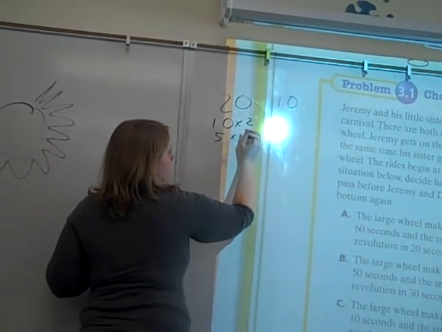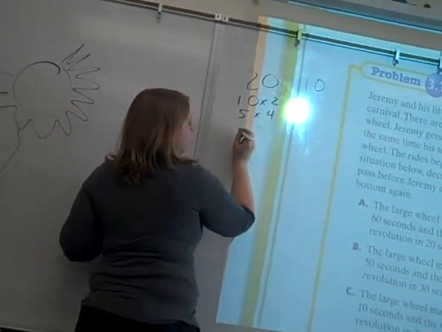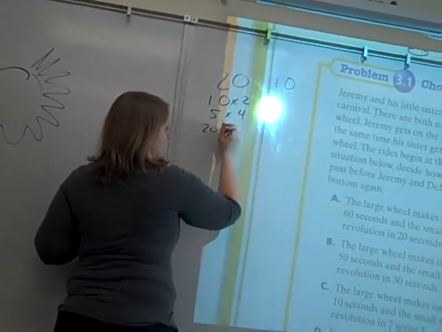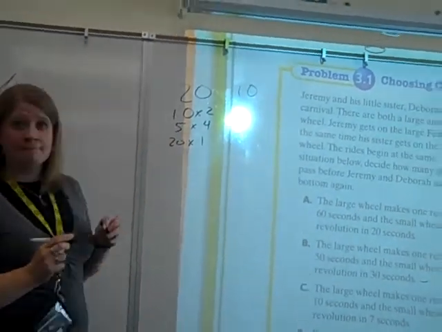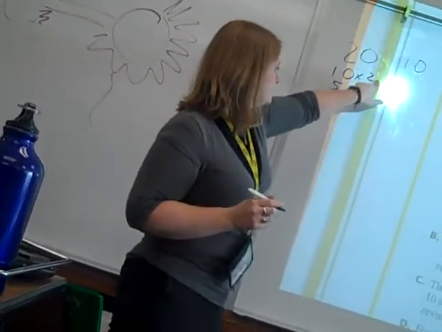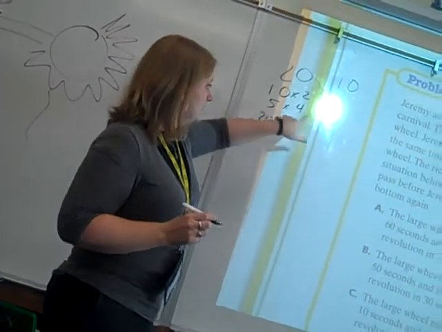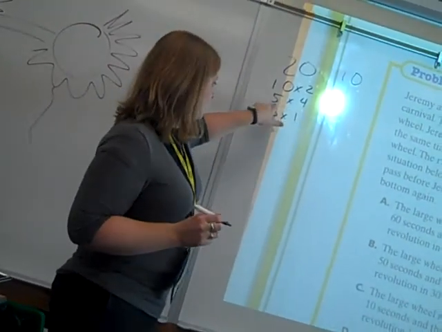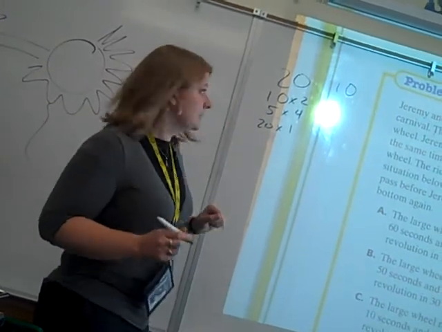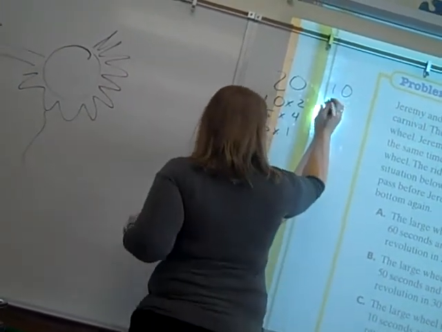And 4. Okay, what else? 20 and 1. Is that all of them? Let's go through sequentially. 1 is a factor, 2 is a factor, is 3 a factor? Is 4 a factor? Yes. Is 5 a factor? Okay, but we've already got that one on the list, so we've got all of them, right?